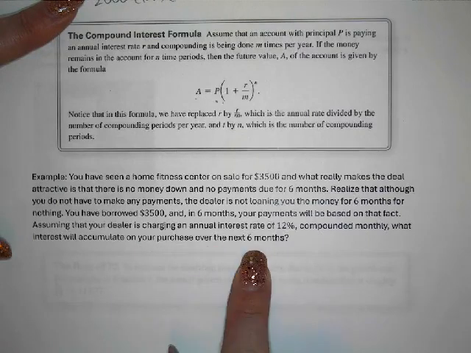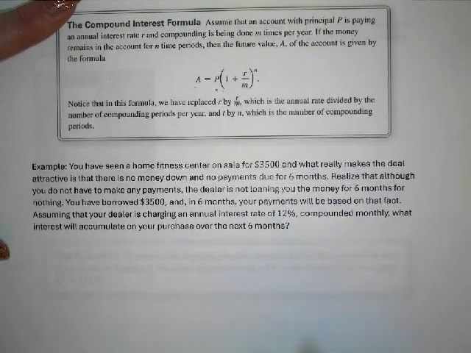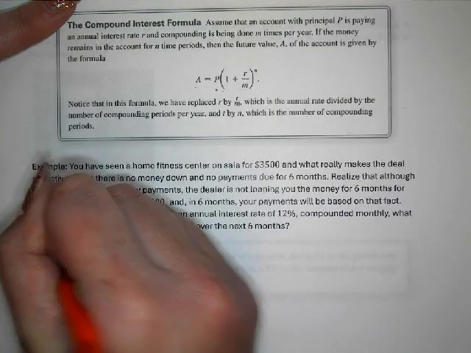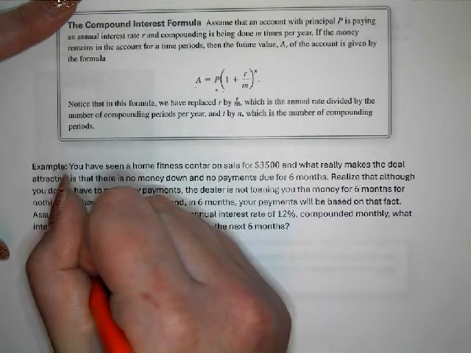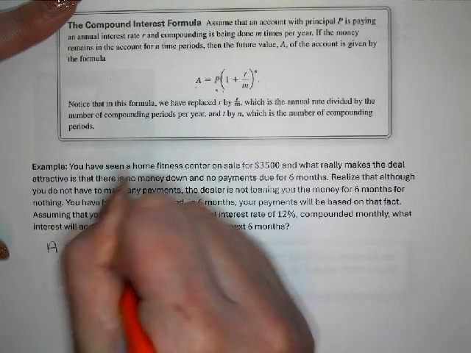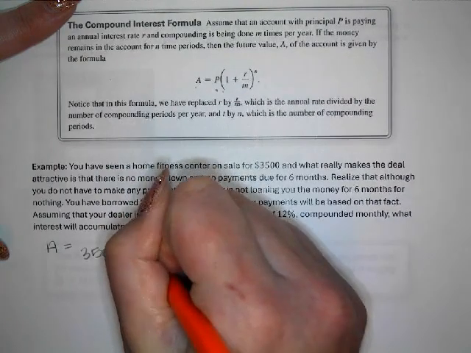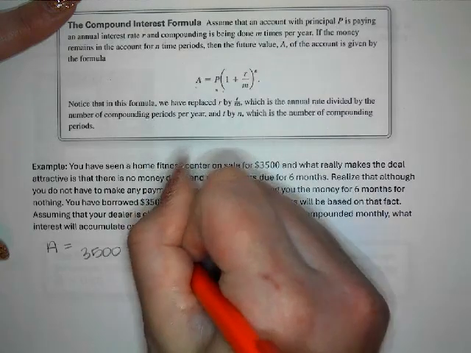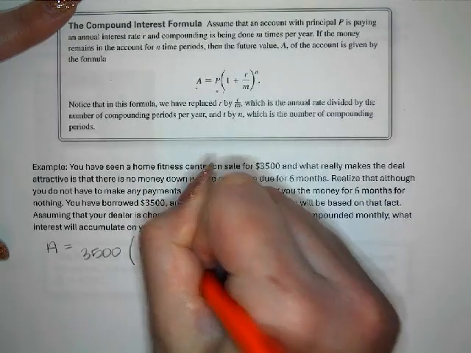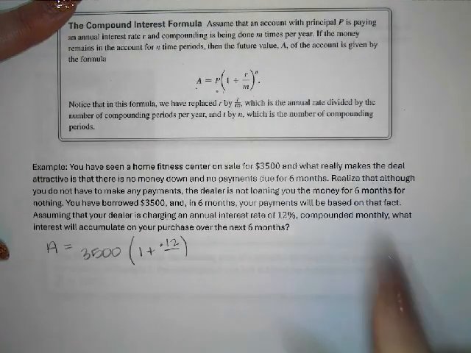So 6 months is half of a year. Okay, so they're saying, what is the future value? A is what we want to know. If we borrowed $3,500, and we have 1 plus, our rate is 12%, so we're going to say 0.12. Compounded monthly. So there's a 12 here, so I'm going to write notes to myself.